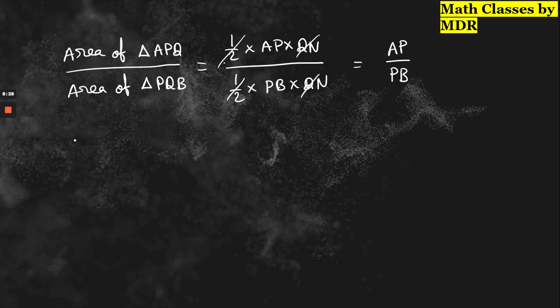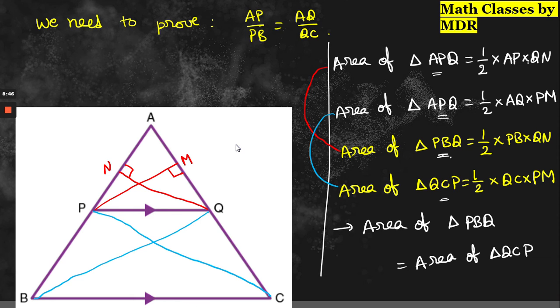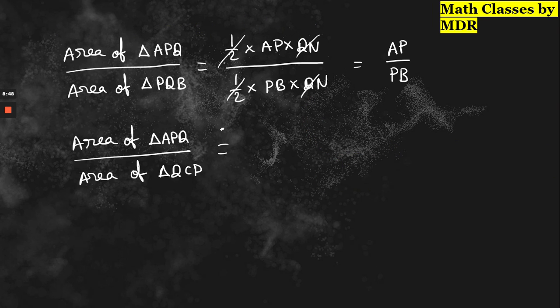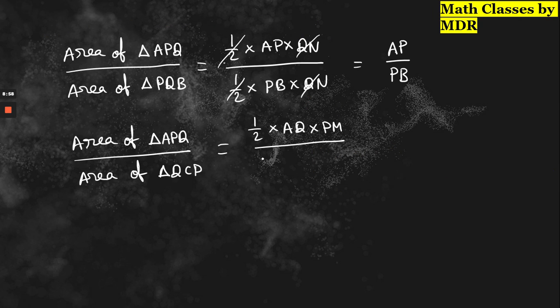Now let's take the second ratio. Area of triangle APQ to area of the triangle QCP. So what do we have? The area of the triangle APQ is half AQ into PM, and the area of the triangle QCP is half QC into PM.